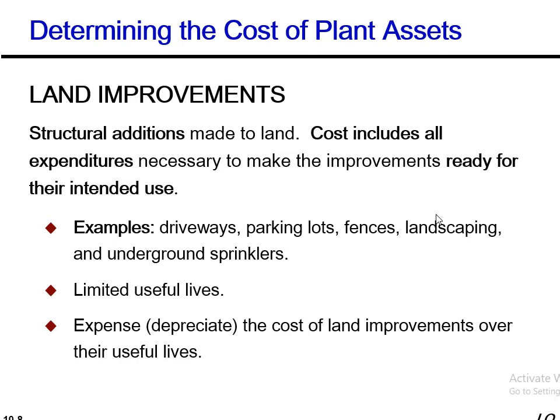Driveways will fade away, parking lots will need painting and renewal, fences will break, landscaping will be either damaged or need renewal, and the underground sprinkler has a life. That's why all of them have a limited useful life, and you're going to expense them. You're going to calculate the depreciation for them over their useful life, just like you do for other plant assets.